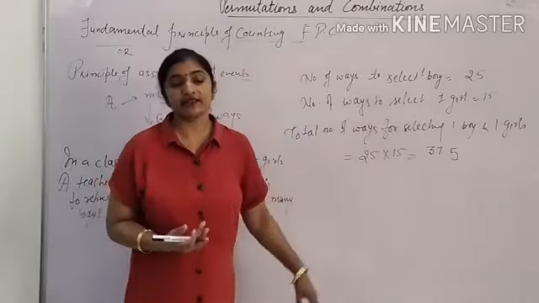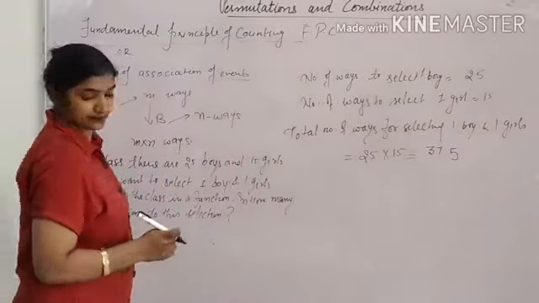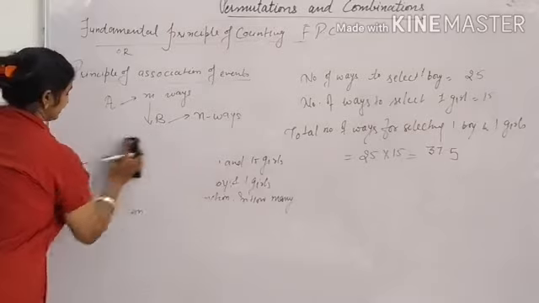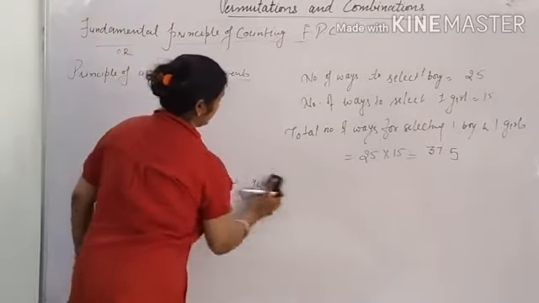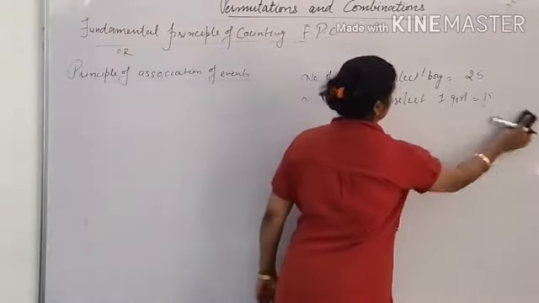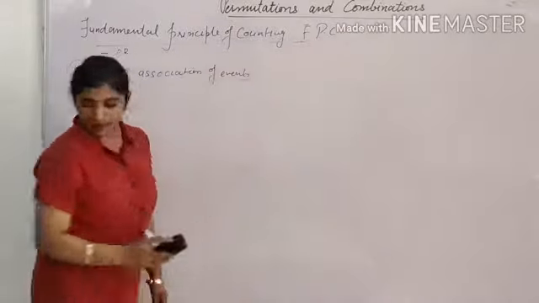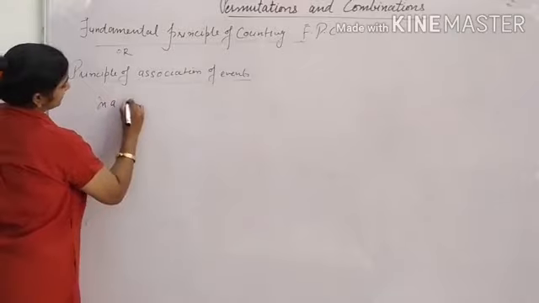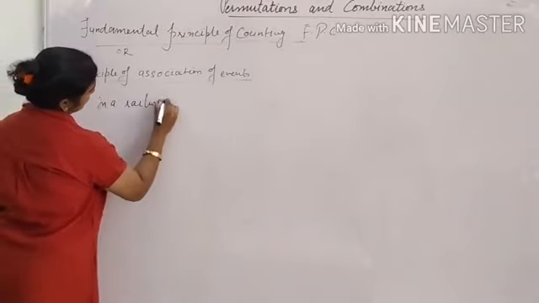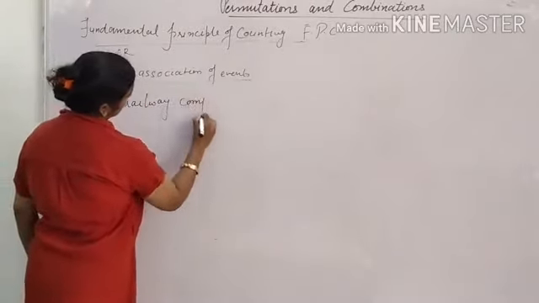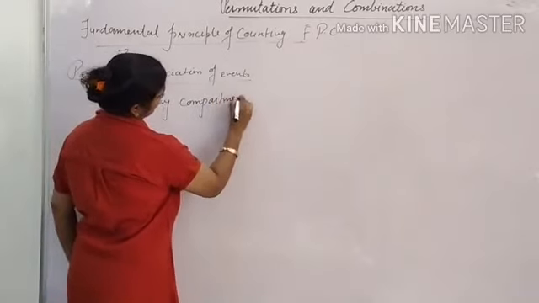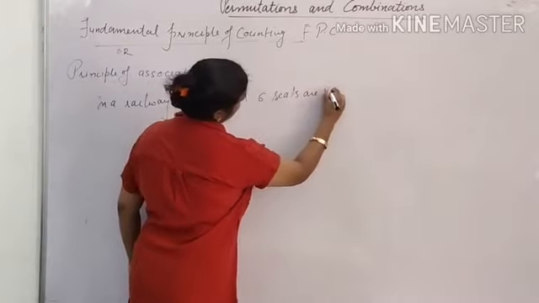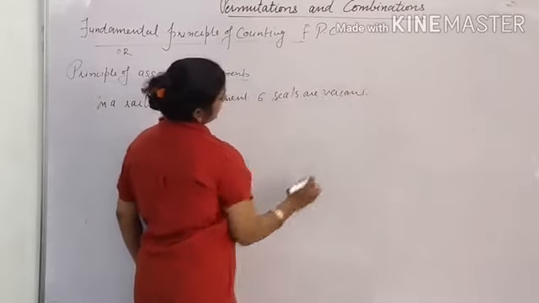So you can take one more example. In a railway compartment, six seats are vacant on a bench.